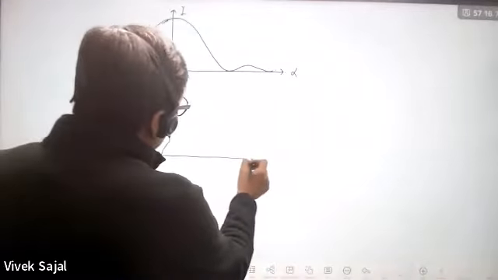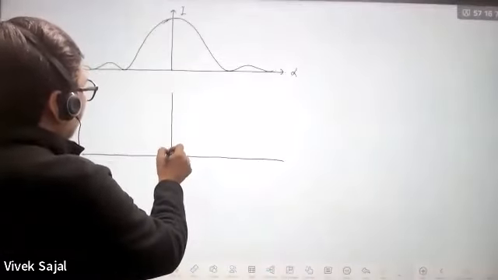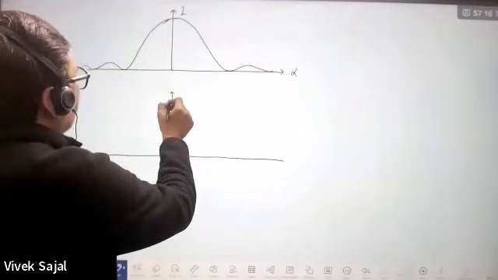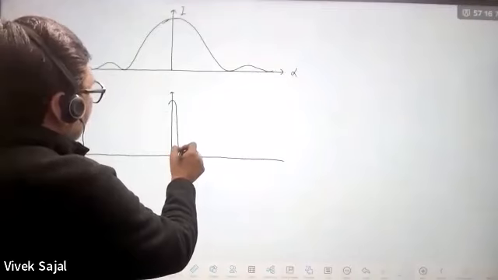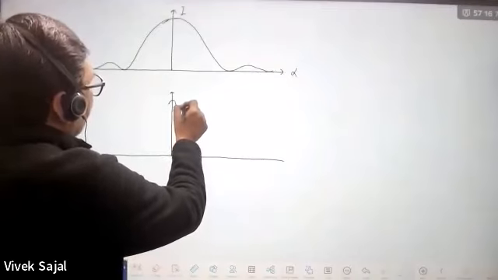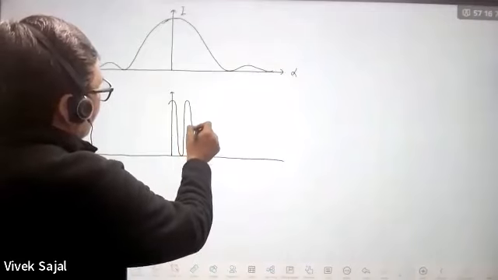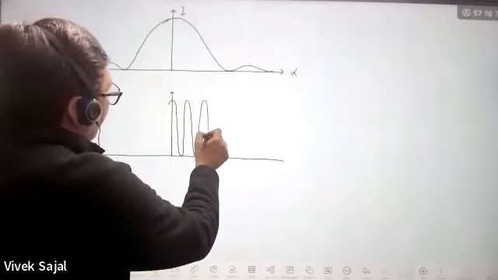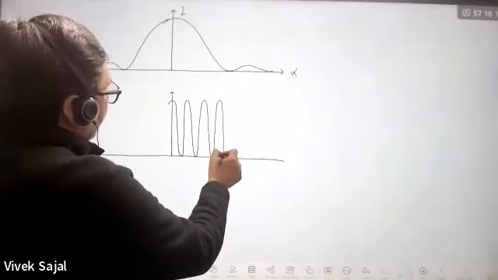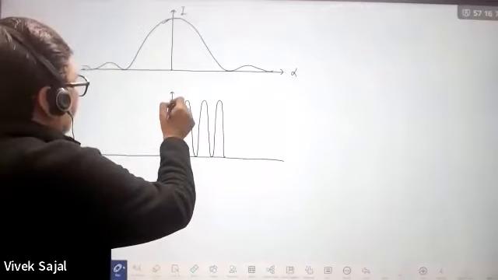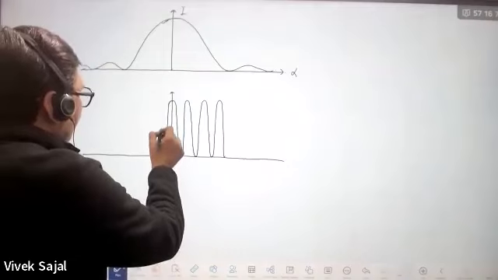You will get interference pattern where you are going to get this type of maximas and minimas of equal height in every direction. You are going to get this type of interference pattern. Height of all the maximas will be equal.